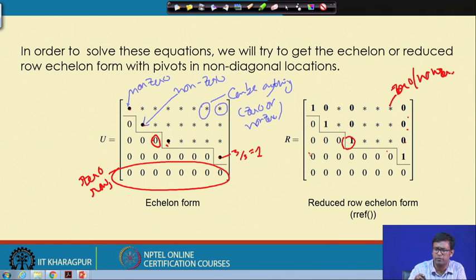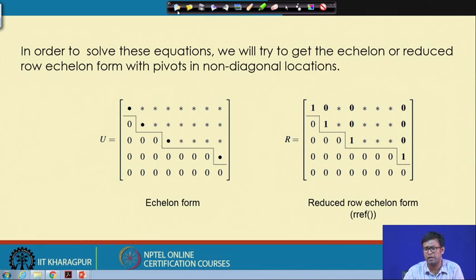So, this is what we will call a reduced echelon form, and the idea of reduced echelon form is that the first term coming from the left in any row is 1, and the terms in one particular column above this 1 are always 0.